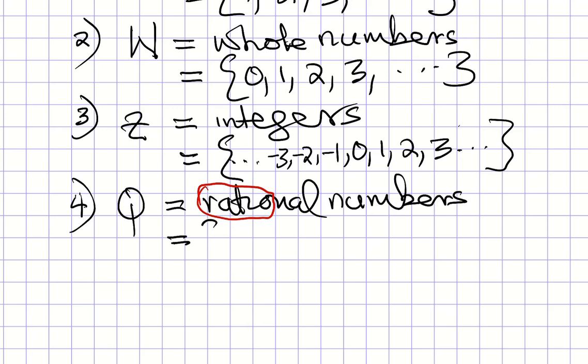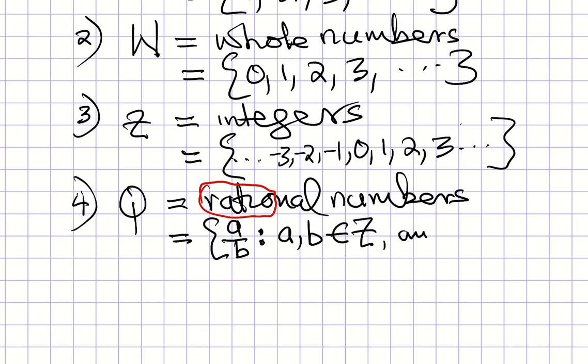So they are represented like that. Because they are ratios, which means fractions. You say A over B, such that, you see why mathematicians love abstraction, such that A and B are elements of Z, which means they are integers. That's all they're saying. A and B are integers, right?